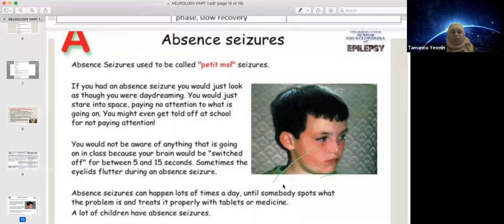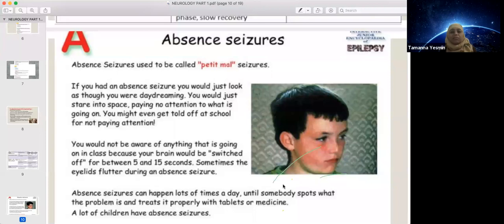Absence seizure was previously called petit mal seizure, now it is called absence seizure. A child can have multiple, unlimited times of seizure, even in the classroom, even during toileting, even during bathing.